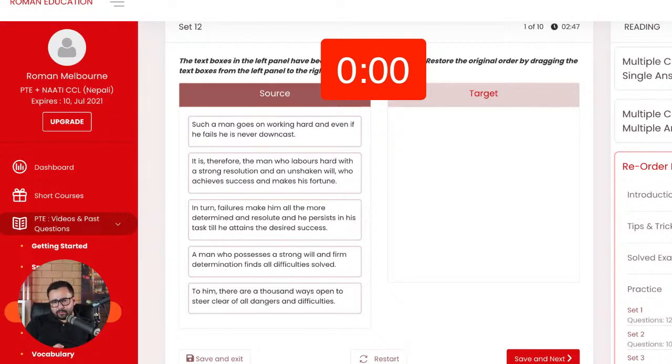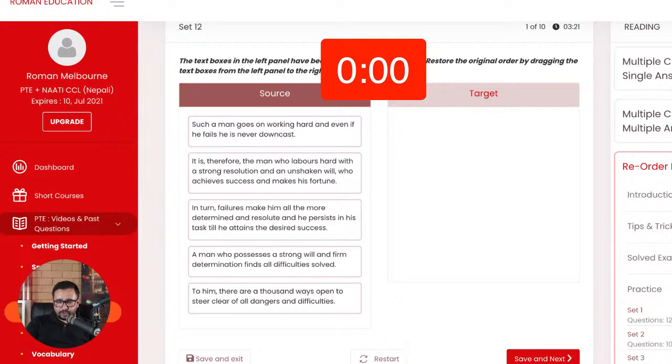And in the meantime, if you are not happy with any of the explanations, please write in the comments, because then I can see where you are feeling confused and I can explain the answers to you. So don't worry if you have answered the question incorrectly and you're also not happy with the way I have explained. You do not agree with my explanation. You can simply ask me, why is it not like that? That's a very good way to develop your skills by questioning the rationale behind the correct answers.